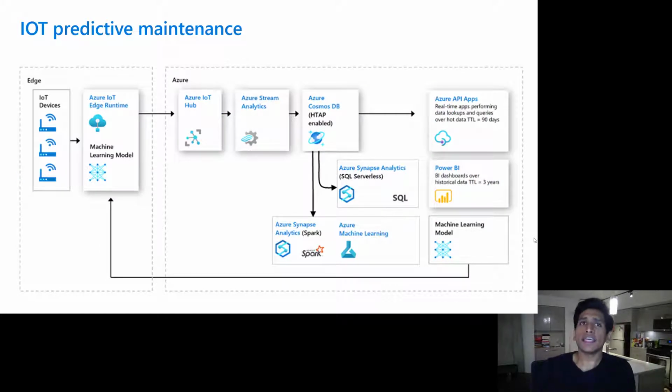Next, industrial IoT innovations have drastically reduced downtimes of machinery and increased overall efficiency across many industry verticals. One such innovation is predictive maintenance analytics for machinery at the edge of the cloud. Here is an architecture leveraging the cloud-native HTAP capabilities of Synapse Link for Cosmos DB in IoT predictive maintenance use cases.